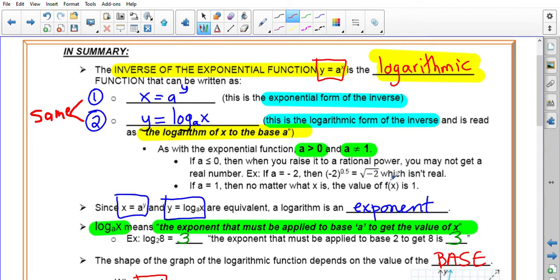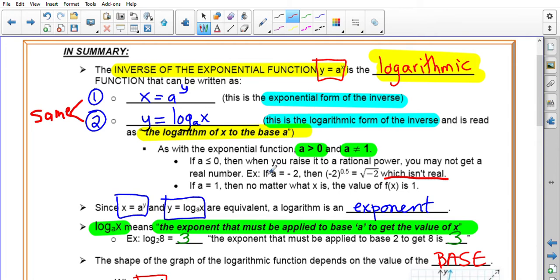This produces an answer which is basically not a real root. These are called imaginary values. So when you have a square root of a negative, that's imaginary and it's not a real number. We don't go into that in this course, you don't have to worry. But essentially that is why we cannot make the base negative.